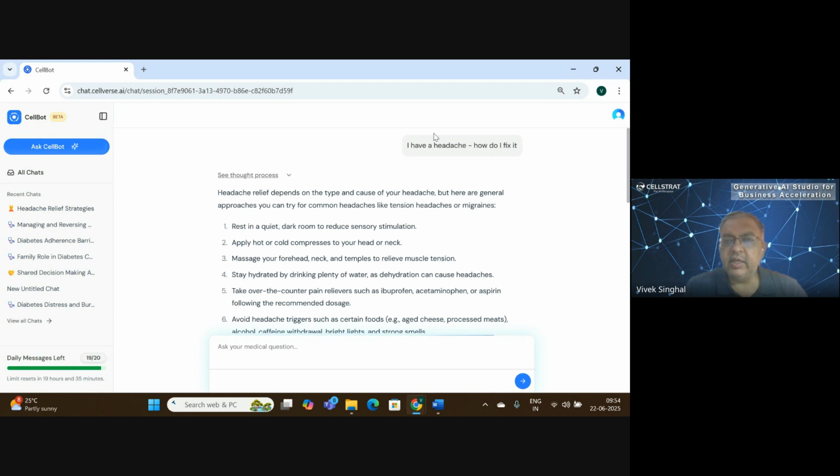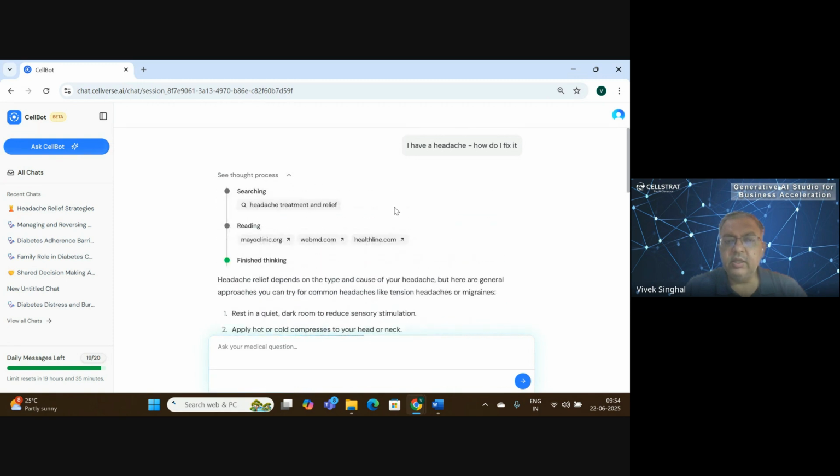Okay, so once I ask this prompt or question, it basically shows a thinking process, right? What it did first was it took my question and created a search phrase, if you will. The search phrase it generated was headache treatment and relief. It used this because it could have been a very long form question for all you know, right?